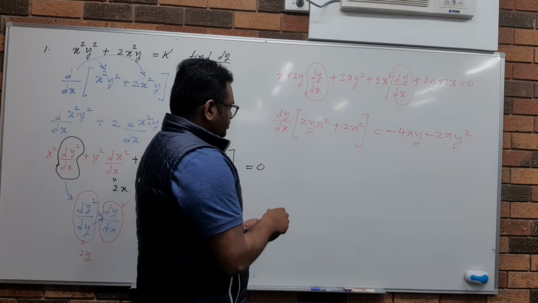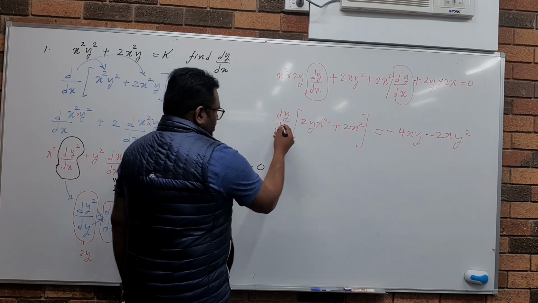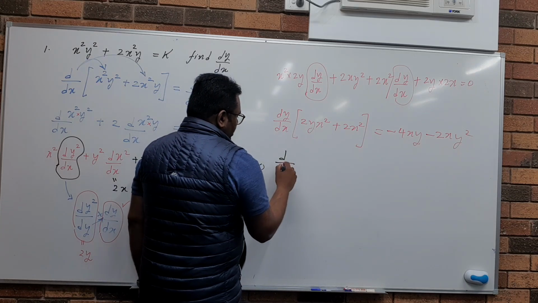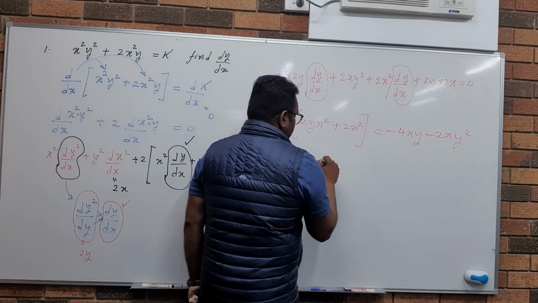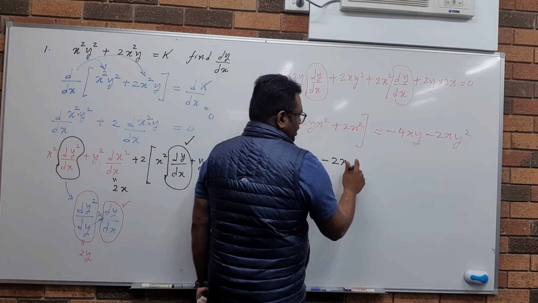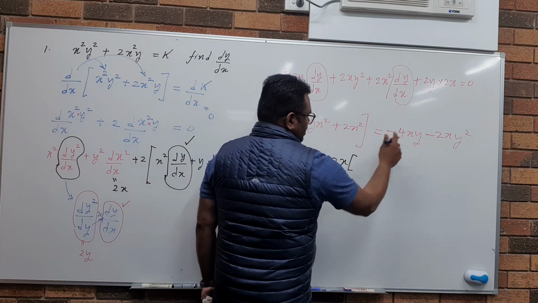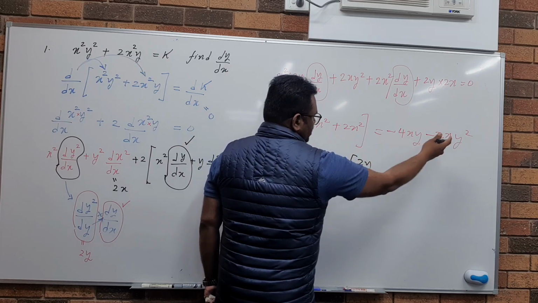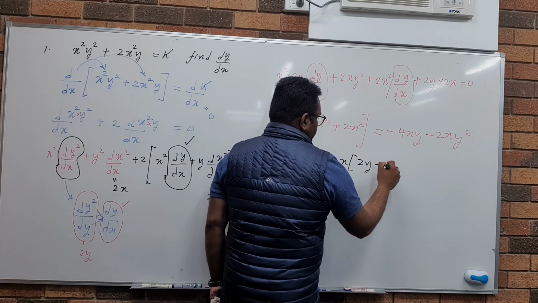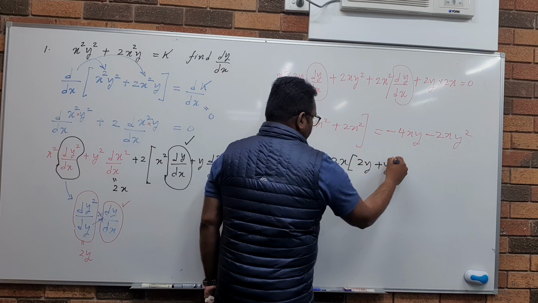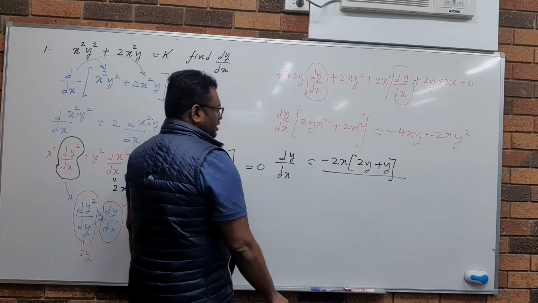Now I can make dy/dx the subject. While I am doing that, I'm going to simplify these a little bit. I'm going to take 2x minus 2x out. So when I do that, I get 2y here, and I get plus y. I can take y out as well, but that's fine, I will leave that here.